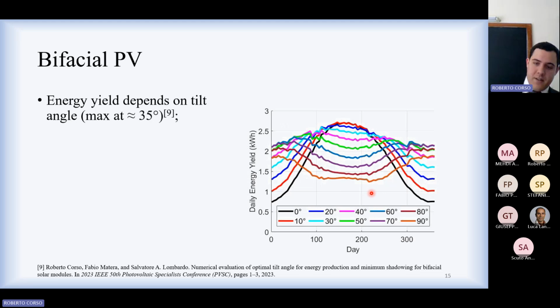And we can see that the highest total energy yield over the whole year is obtained from tilt angles ranging from 30 to 50 degrees, because we have an energy production that is more or less high or significant over the course of the year. Whereas if we consider the most extreme cases, such as a flat horizontal module, we would see a higher production in summer, but also lower production in winter.